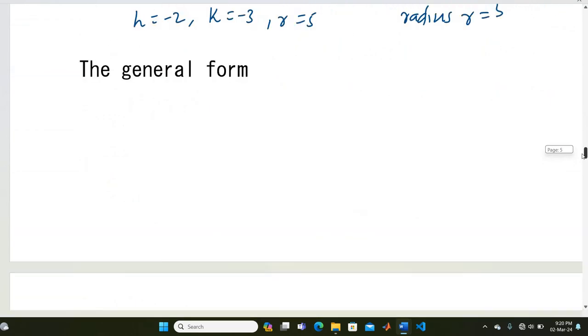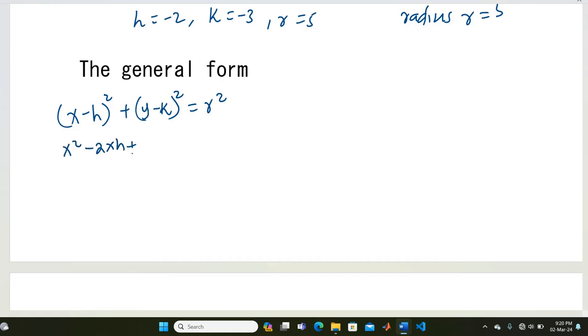Now, let's go ahead and expand this general form. We have x minus h squared plus y minus k squared equals r squared. What does this mean? We have x squared minus 2xh plus h squared, then plus y squared minus 2ky plus k squared is equal to r squared.